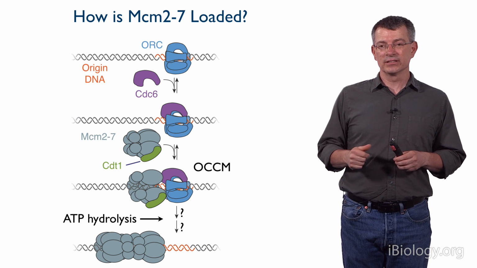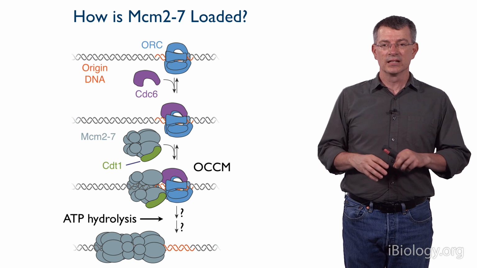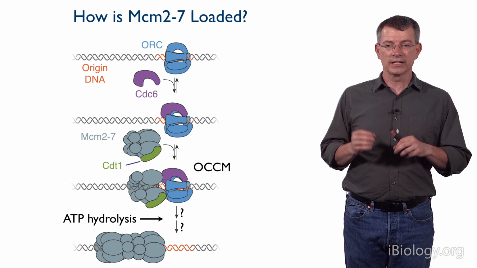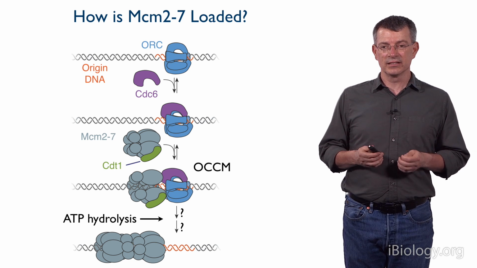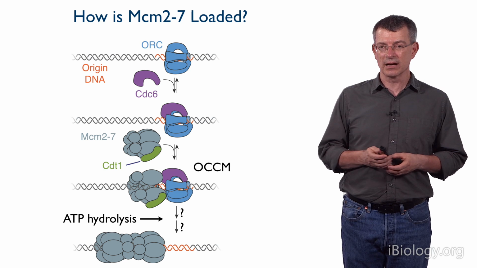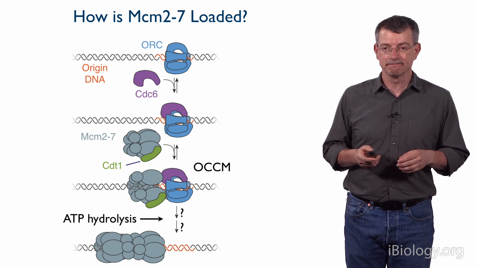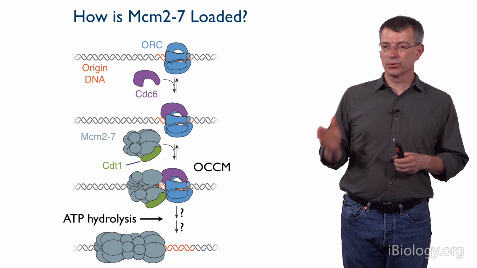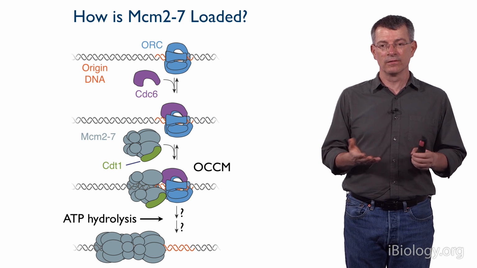When cells enter into the G1 phase of the cell cycle, ORC is joined by CDC6 to form a six-membered ring around the DNA, and then this can in turn recruit the MCM2-7 Cdt1 complex to form an initial OCCM complex with the DNA. Now, OCCM stands for ORC, CDC6, Cdt1, and the MCM2-7 complex, so all four proteins are present at this point.